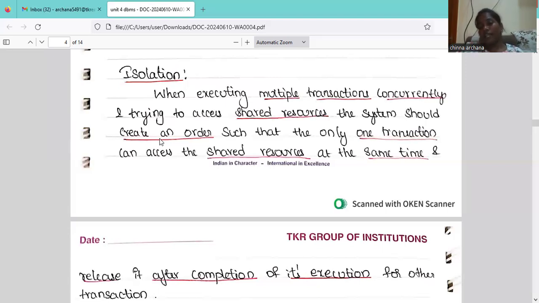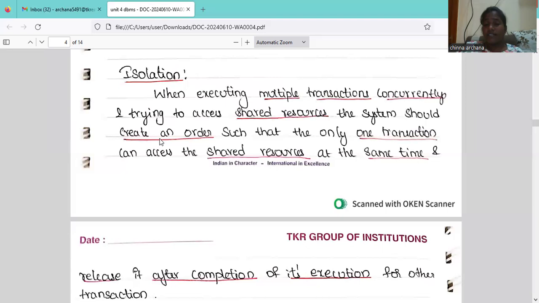Now that X value is read by T3 and it adds 1,000 rupees, so the value of X becomes 1,000. So depending on the sequence of the transactions, the values change, which does not maintain consistency in the data.